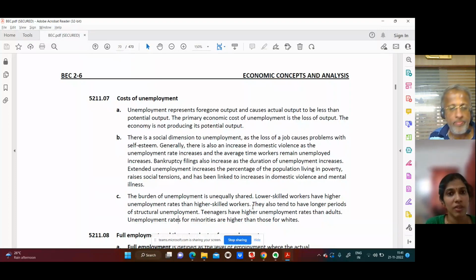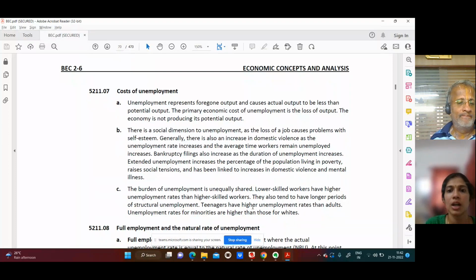Because for higher skilled workers, you need that person. That person is a go-to person for a particular code or a particular technology; you have a software company, and there's a go-to person for that. So he's highly skilled, you don't want to lay that person off. But if that person is not very skilled, then you can obviously remove that person from that work easily, right?